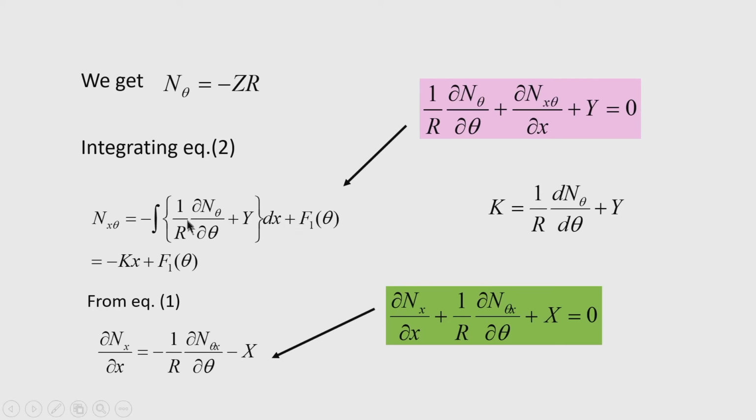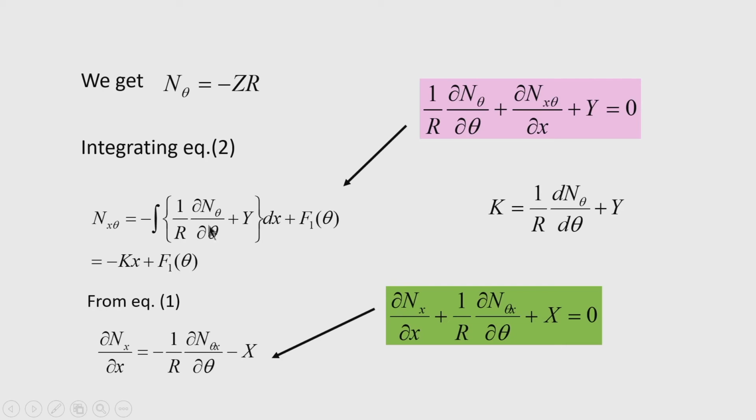Since this expression depends on θ, we take the constant as a function of θ. Since it is not depending on x, I take it as a constant, but it is not purely constant; it depends on the variable θ but not on x. So, when I integrate it, it becomes minus k x plus f1(θ).